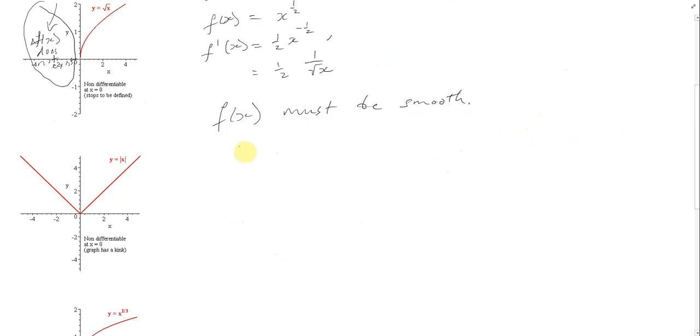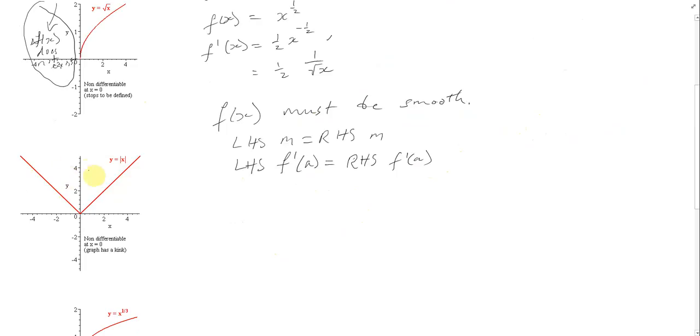What we said for smoothness is that the gradient approaching from the left-hand side must be equal to the right-hand side gradient for something to be smooth. In other words, the left-hand side f dash of our point that we're talking about, point a, must be equal to the right-hand side f dash of a. The gradients on either side must match. Now, check this example out.